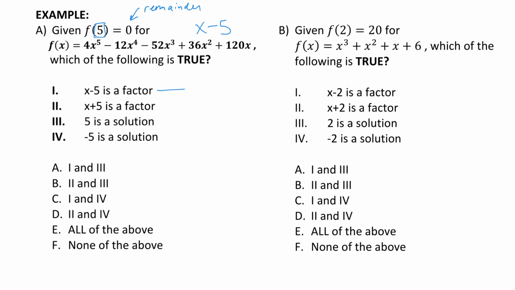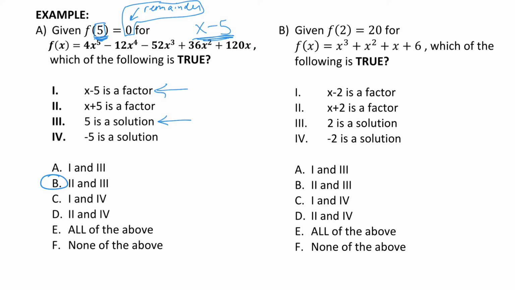So x minus 5 is a factor, and 5 is a solution. And so that's going to happen anytime you have a remainder of 0. This number right here is your solution, and this right here is your factor. And so 1 and 3 is true.